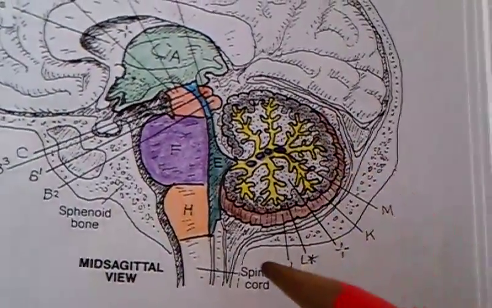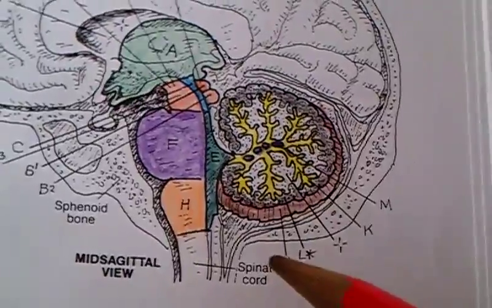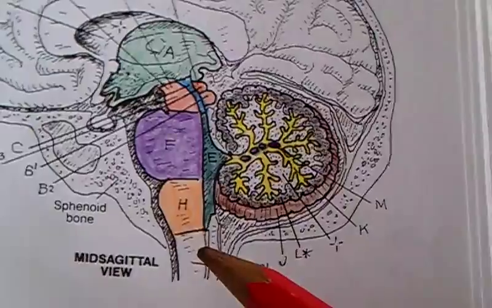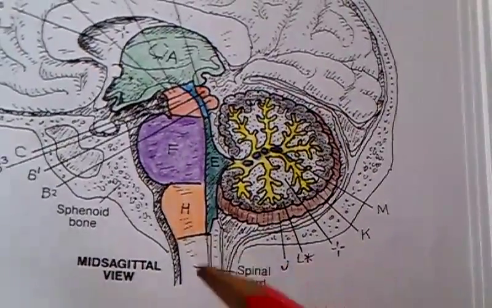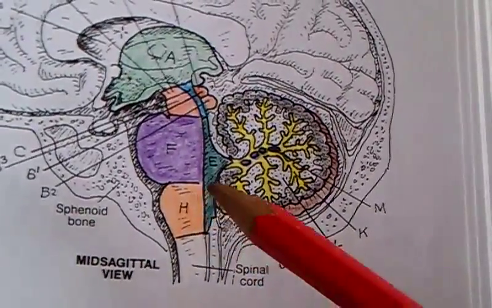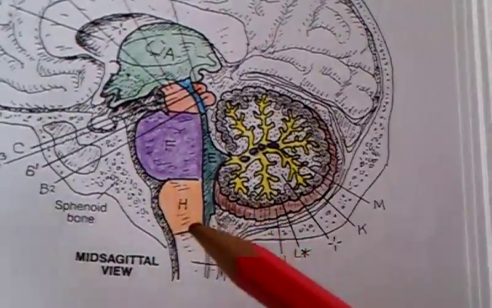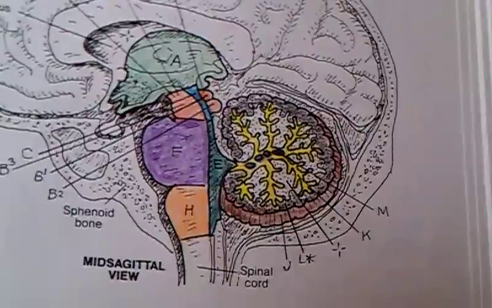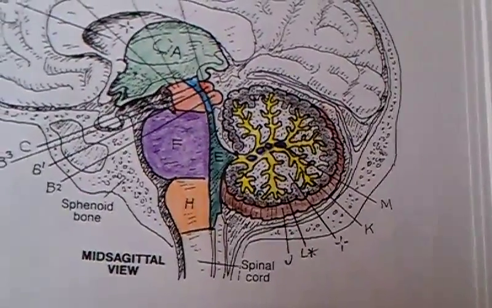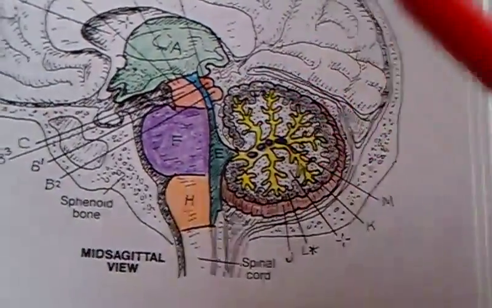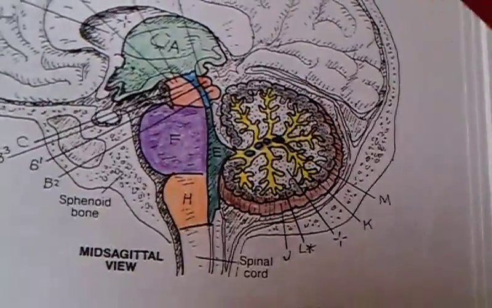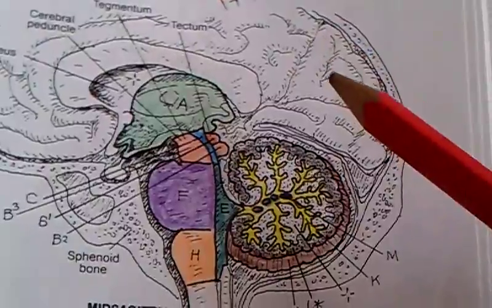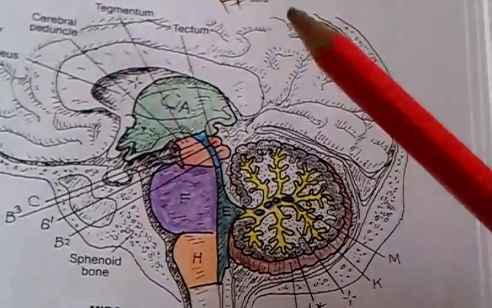Next we have the rubrocerebellar tract and olivocerebellar tract, which are part of the extrapyramidal connections. You find the olive in the oblongata. And the last two afferent tracts are the reticulocerebellar tract from the reticular formation and the corticopontocerebellar tract from the cerebral cortex.